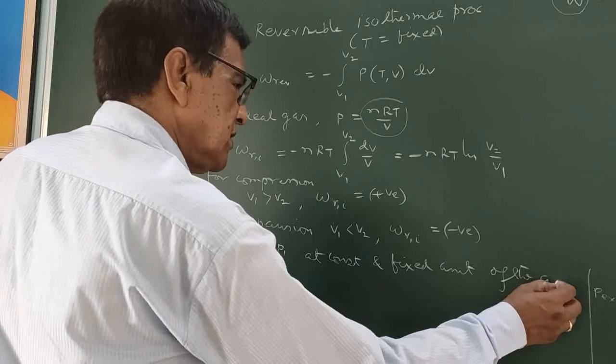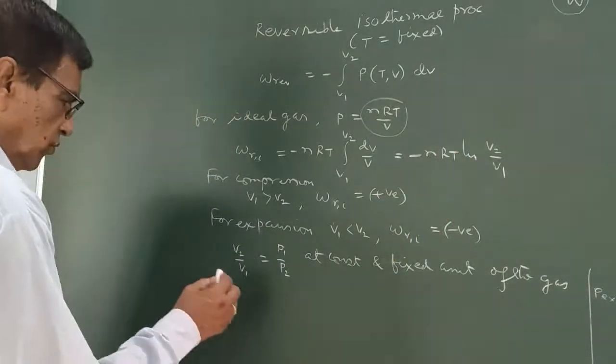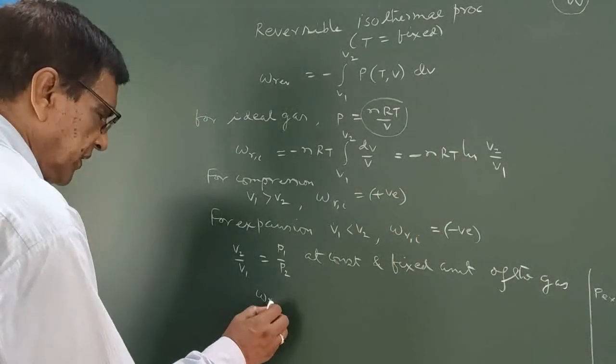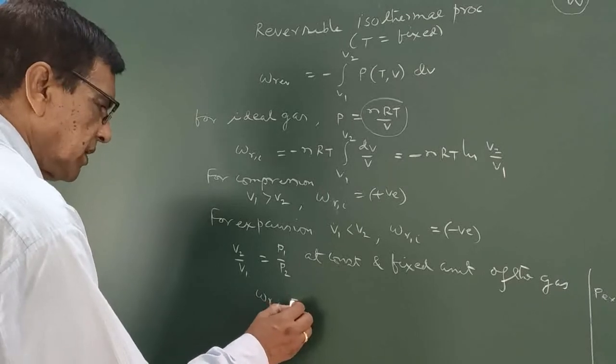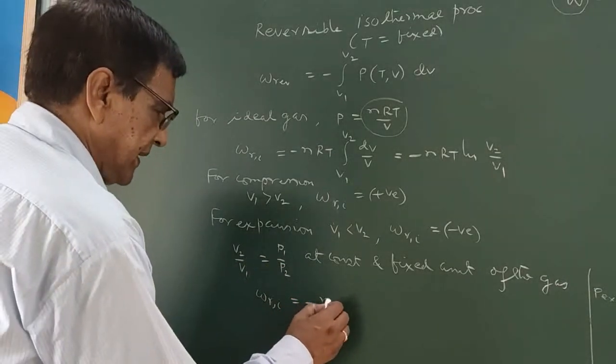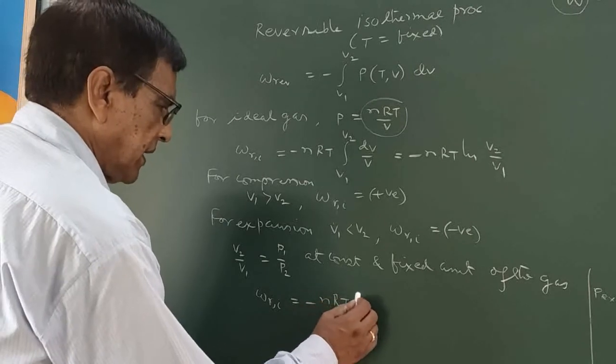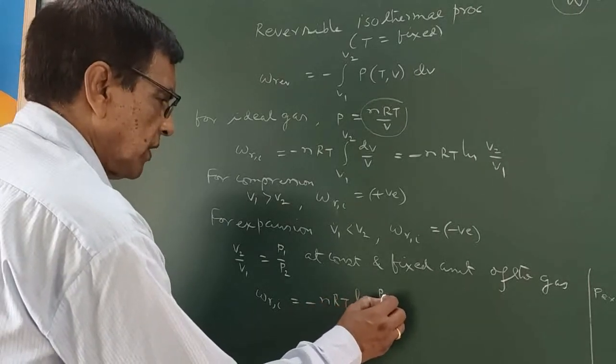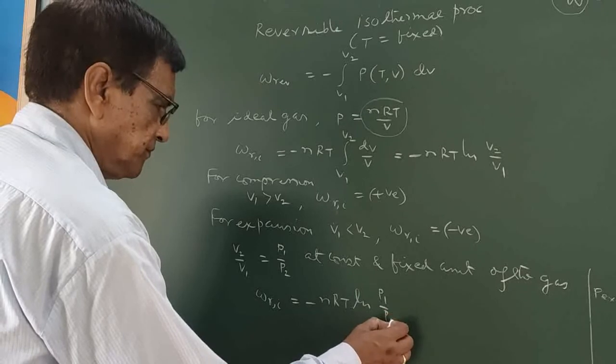So instead of that, we can write the work done in reversible isothermal as minus nRT ln P1 by P2.